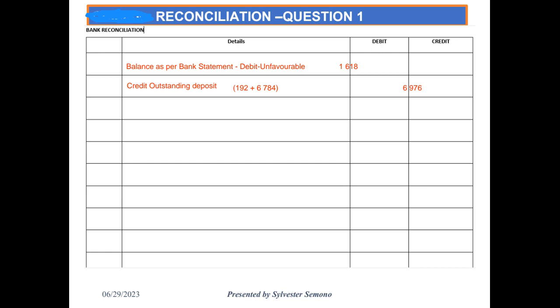It's like for checks. So to look for the outstanding deposits, we compare our cash receipts with the credits or deposits in the bank statement.